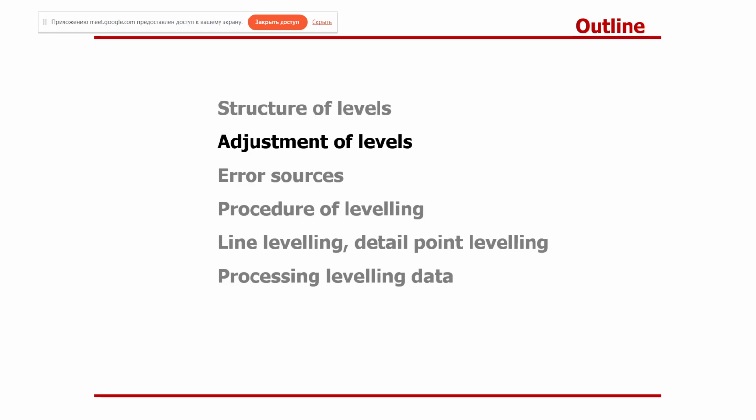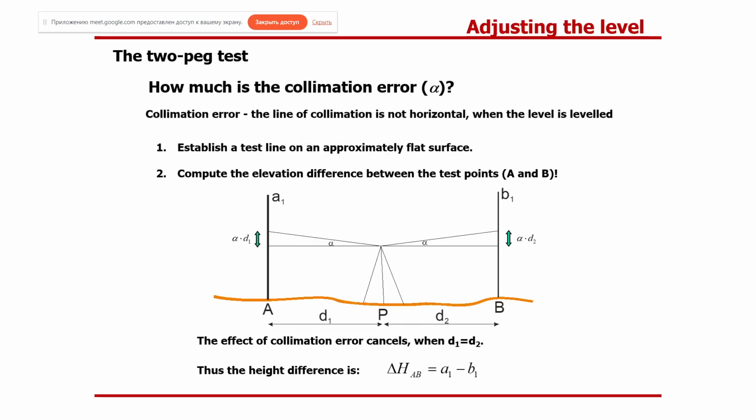Let's move on and speak about adjustment of levels. First of all, in this so-called two-peg test, we can discover how much the collimation error is.